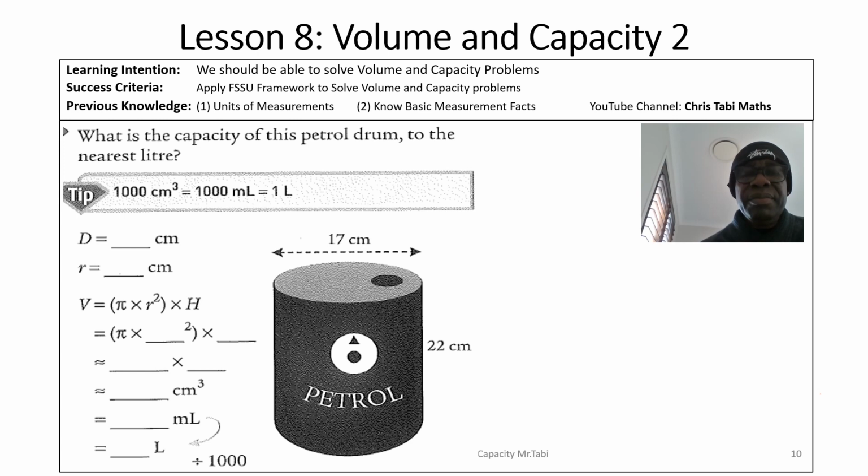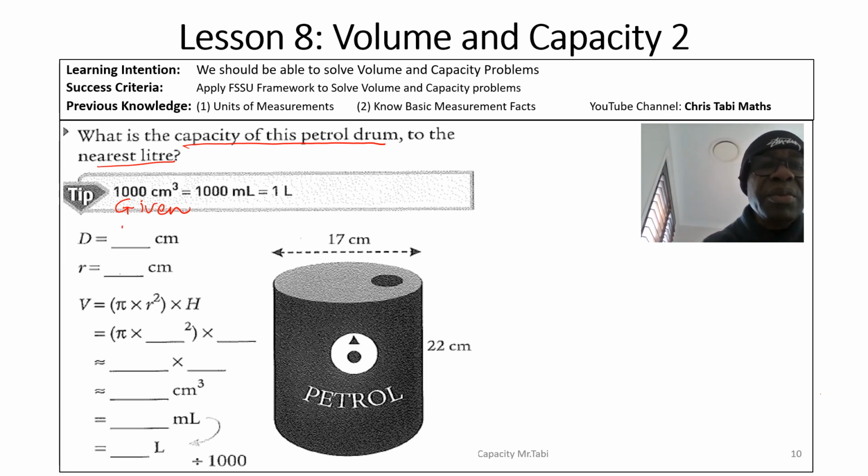Oil is usually measured in barrels, barrels per day. That's how much the oil output is given. So we've got an oil barrel here, and the question is, what is the capacity of this oil drum to the nearest liter? So what we need to do here is write down the things that we know, given to us in the problem, because we have to calculate the volume first.